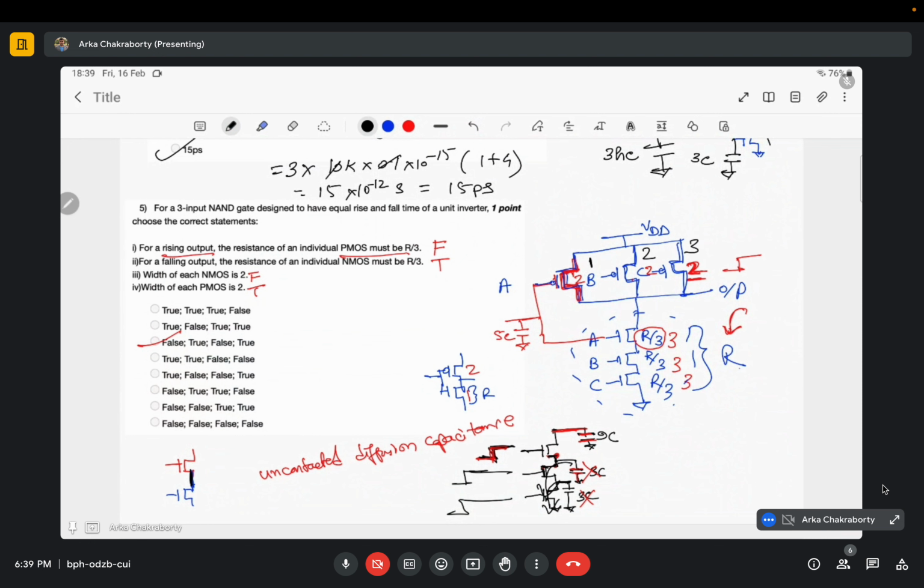Okay, so it is saying that, to ensure the delay, first of all, it has been mentioned that my rise time and fall time should be equal to that of a unit inverter, of this circuit. Its rise time and fall time should be equal to the rise time and fall time of this circuit.